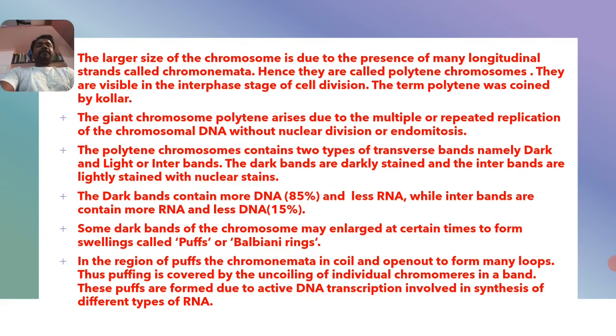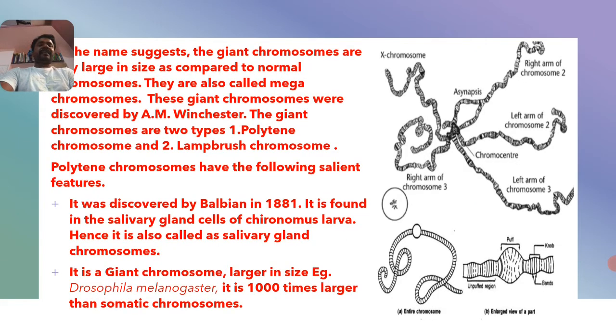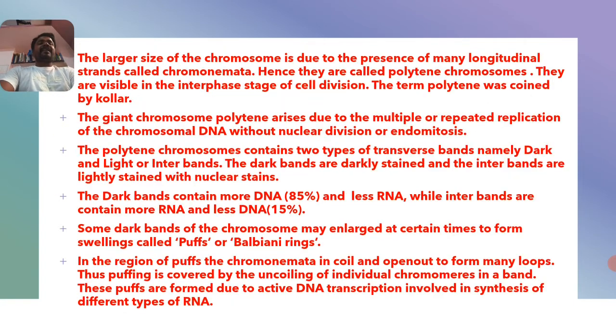And some dark bands of the chromosome may enlarge at certain times to form swellings. I think in the last picture at the corner, you have seen the balloon-like structure which occurs on the band, where the dark band undergoes swelling, or enlarges at certain times to form swellings.